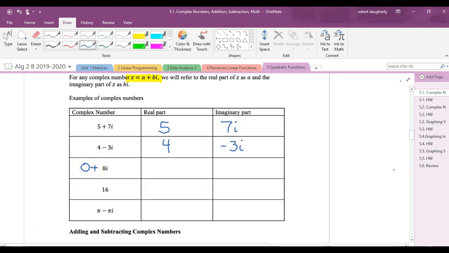So the real part is 0. Imaginary part is 8i. Okay, 16. What's the real part? 16. What's the imaginary part? 0, because this is 16 plus 0i. And then what is the real part of the next one? Pi. Imaginary part? Negative pi i. Okay. So those are how complex numbers are written.